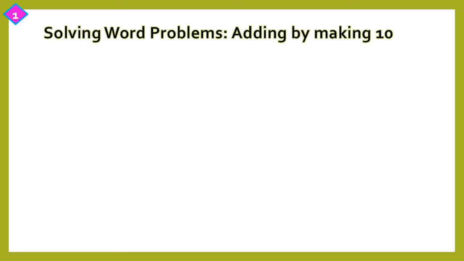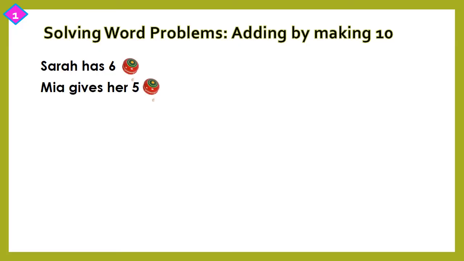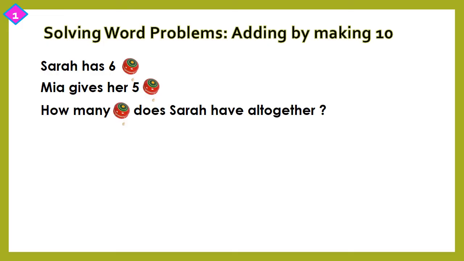Now, let's solve our first word problem here. Sarah has 6 yo-yos. Mia gives her 5 yo-yos. How many yo-yos does Sarah have altogether? First thing we have to do is to highlight the numbers in the word problem.